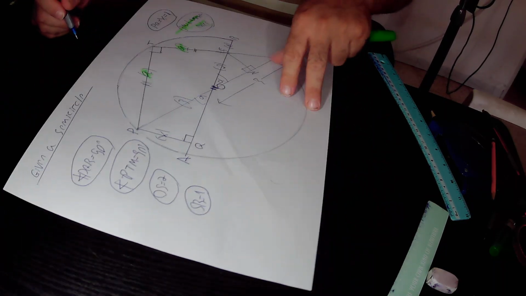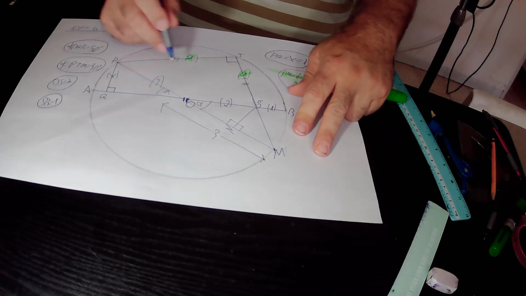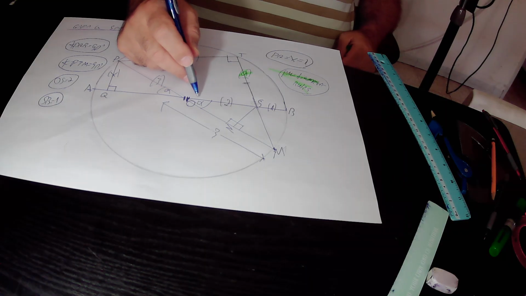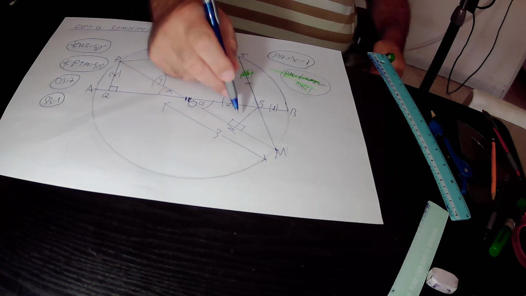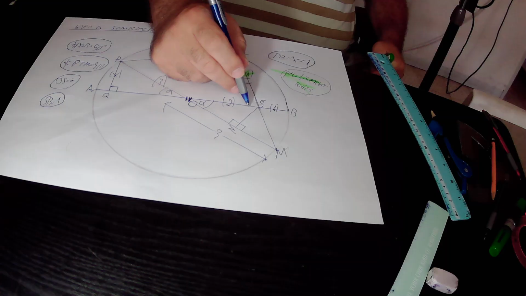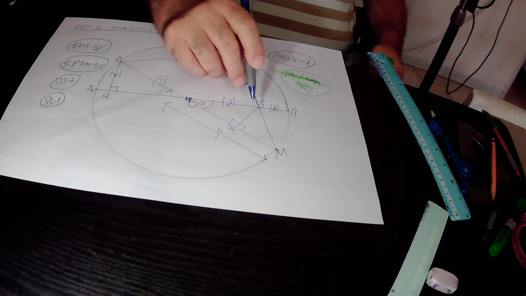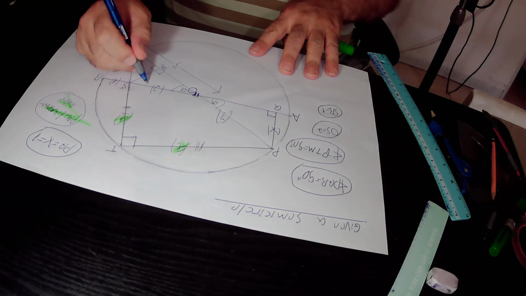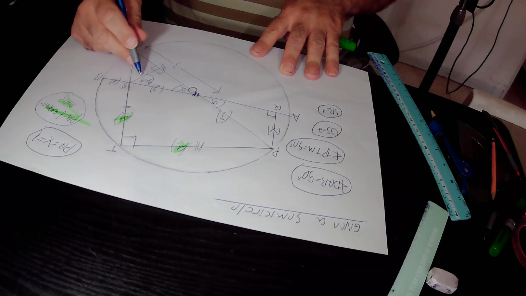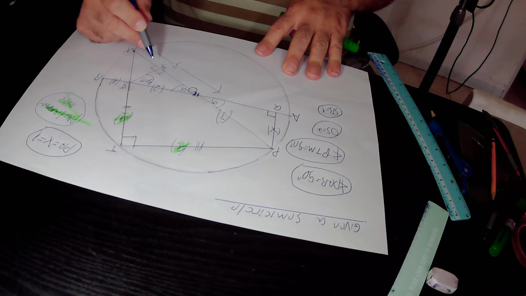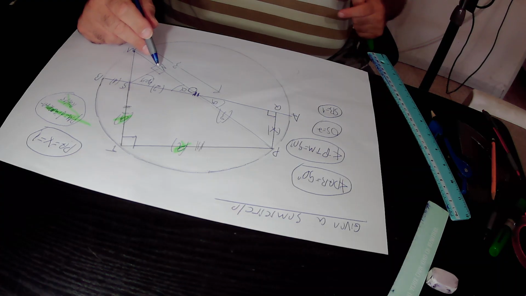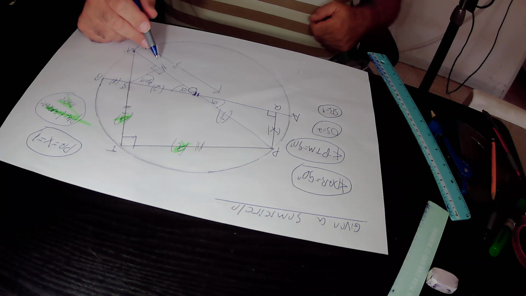So in this right triangle ONS, this angle equals alpha, this angle equals 90 degrees, and therefore this furthest angle must be equal to 90 degrees minus alpha. Why? Because 90 degrees minus alpha plus alpha is 90 degrees, and 90 degrees plus 90 degrees is equal to 180 degrees. That is the sum of the angles in any triangle.